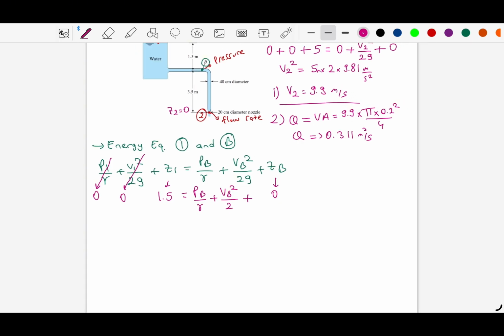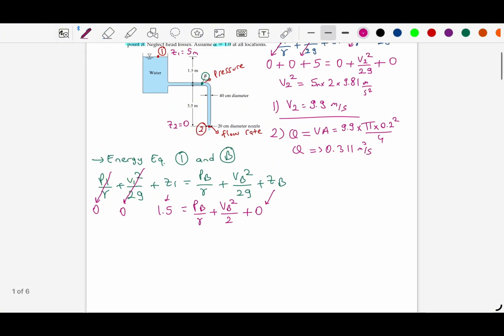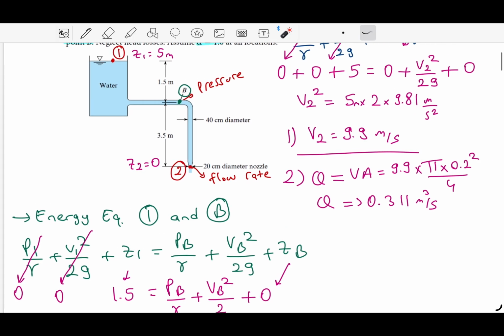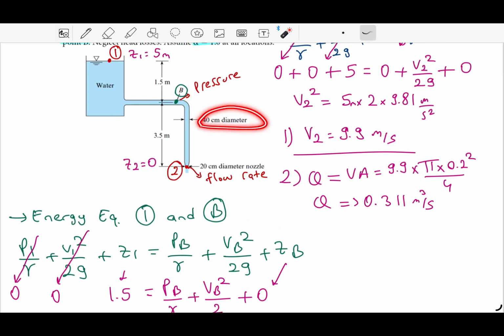So plus 0. Here, since we will have the same flow rate for the entire system, because we have a 40 centimeter diameter along the pipe, and we have a discharge here, which we calculated as 0.311.